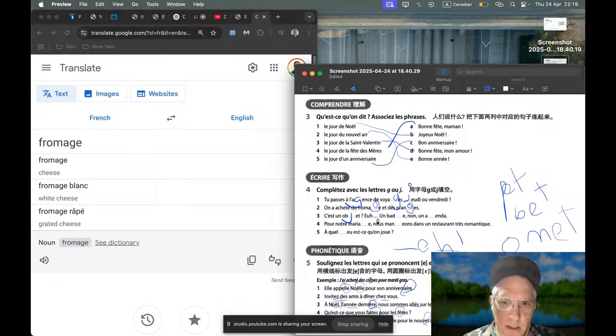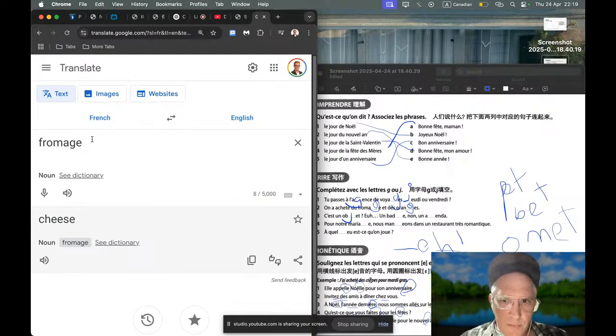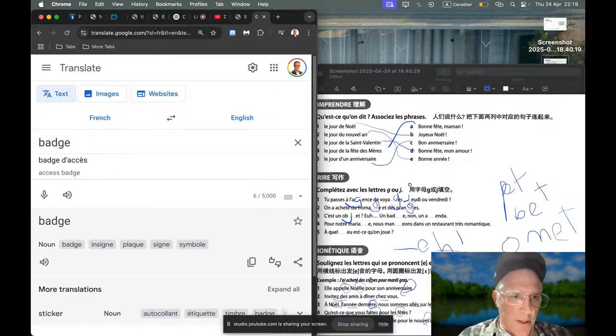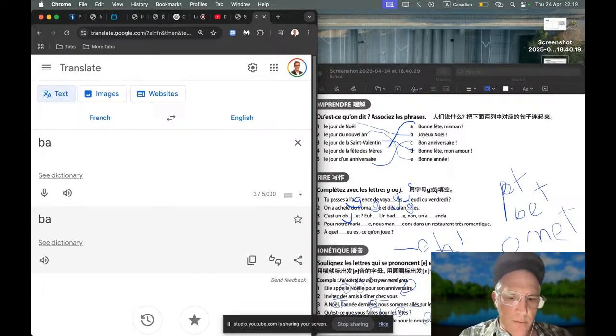What's this? Why is there a dot up? Okay. B-A, what is that? B-A-G-E? B-A-D-G-E, badge. Compared to badge with a J? Yeah, there's no, oh wait, D-J-E. There's no word like that.